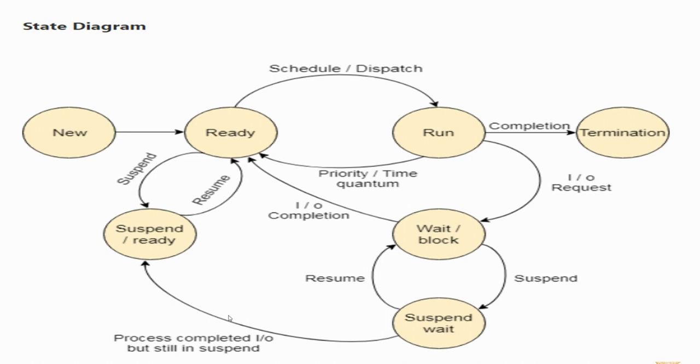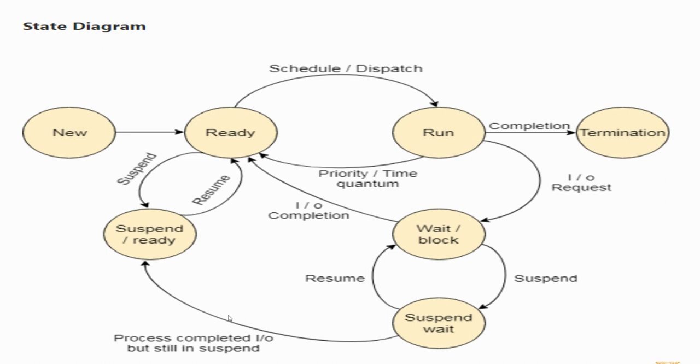Now, moving on to the new state. Whenever a process is created and it is picked up by the scheduler, this scheduler will pick up the process from the secondary memory and keep it ready in the queue.